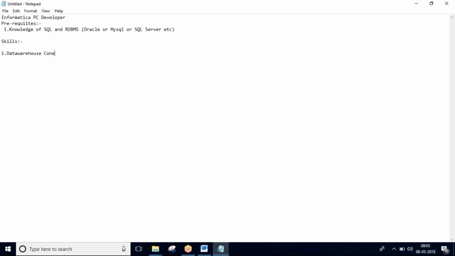We need to understand what a data warehouse is, what a data mart is, what a staging area is, and all these simple concepts. You also need to understand the architecture of the data warehouse, like how we are going to build the architecture of the project or a data warehouse.